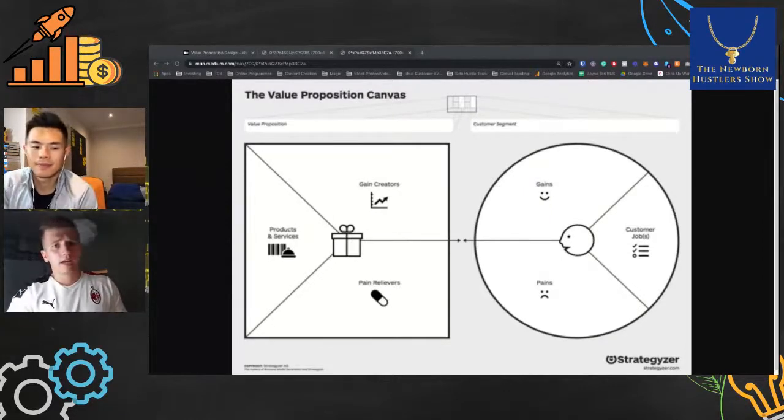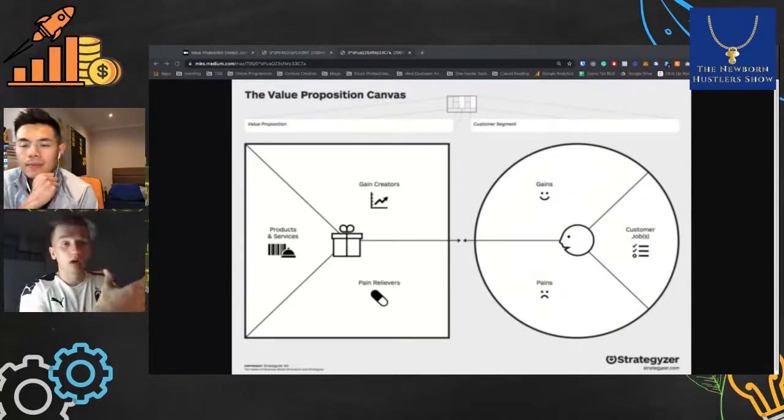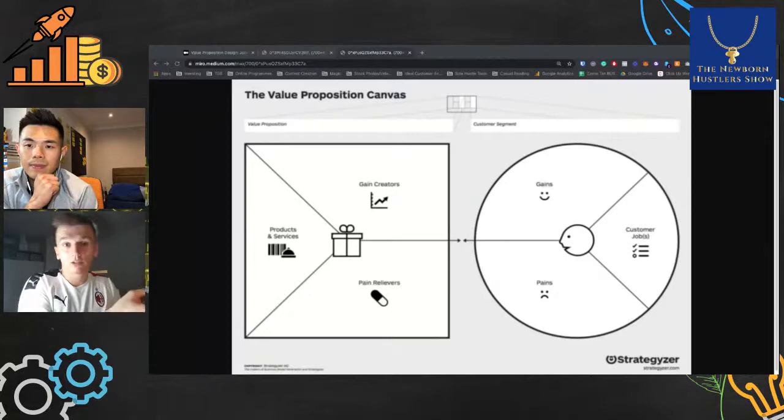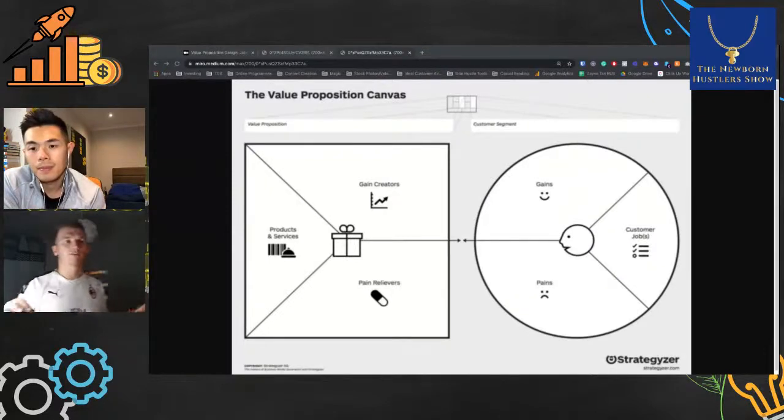So for example, for you, it would be pain relievers. You probably have the same as any other coach, so you are helping people to reach their goals. Probably that's the pain reliever that they have. Like, they are not reaching their goals, you help them, you give them guidelines to reach their goals. Probably more or less the same for every coach.